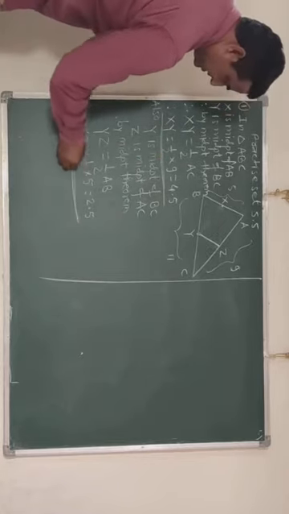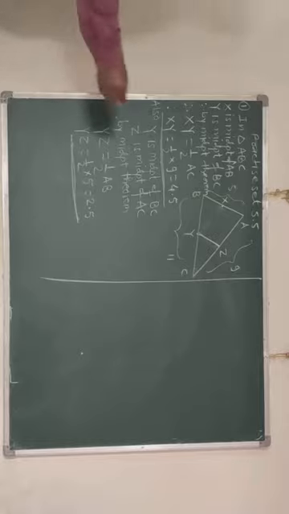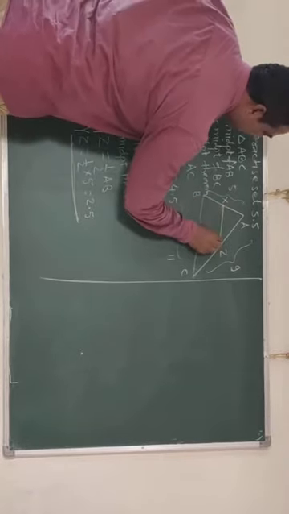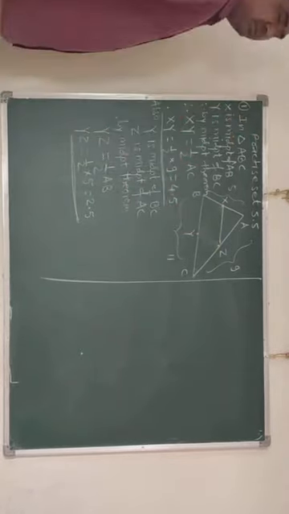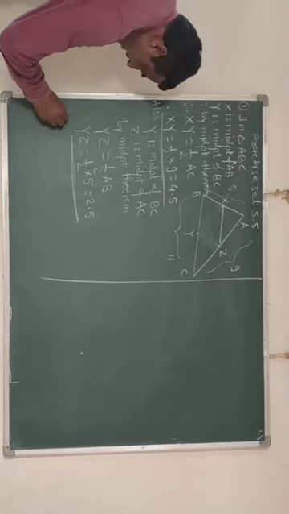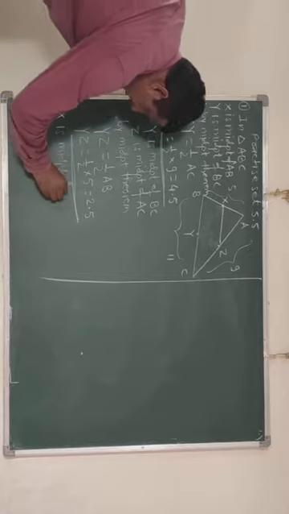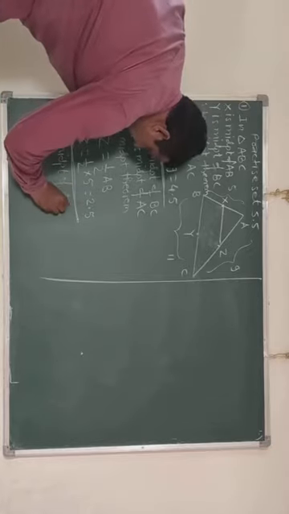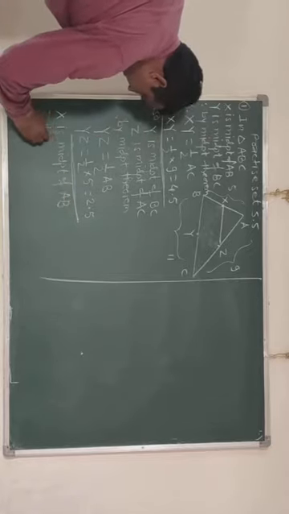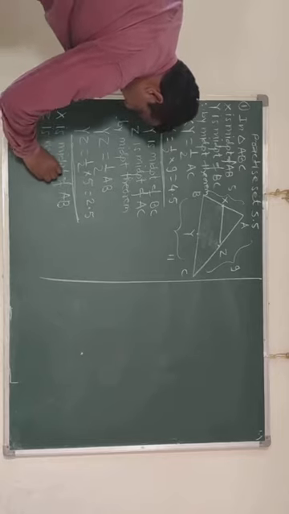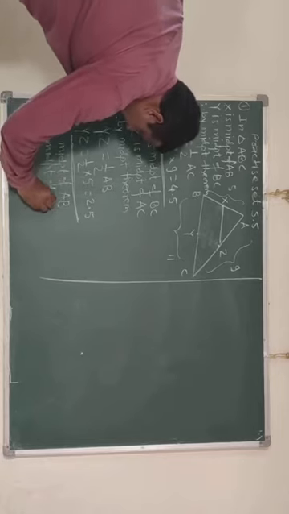In the same way, third one, forget it. This one, X is midpoint of AB, Z is midpoint of AC.